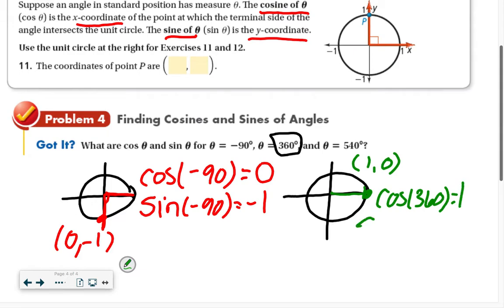The sine is my y coordinate. So the sine of 360 is what? 0. Okay. That's our answer. Questions?